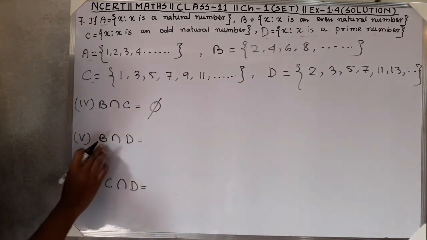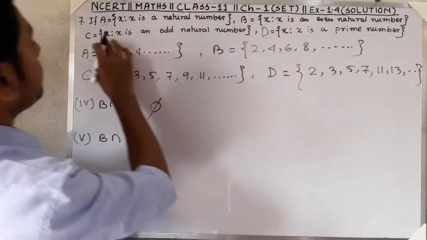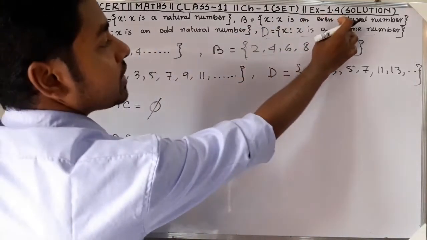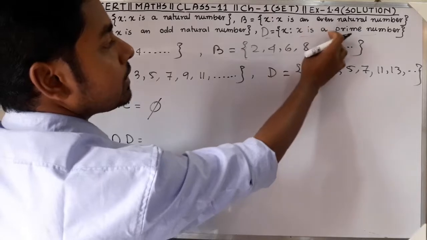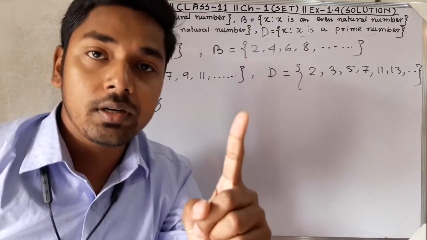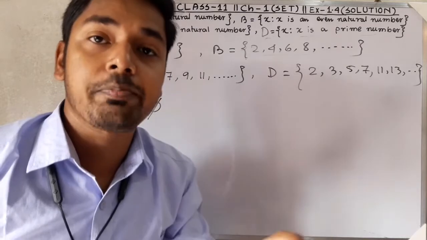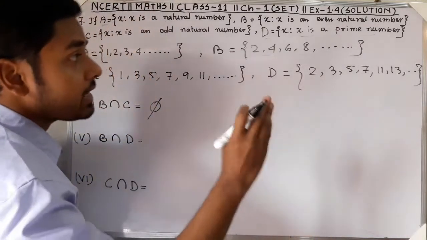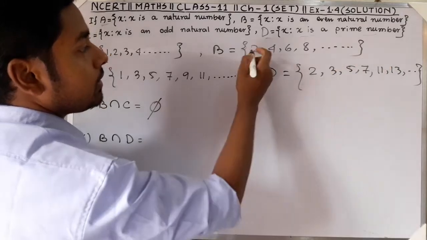Now question number 5, B intersection D. B means what? B means even natural number, and D means what? D is a prime number. So we know there is only one number which is even as well as prime. So what is that?